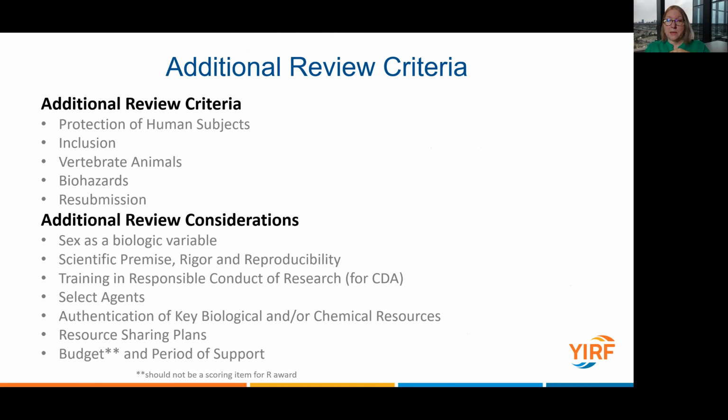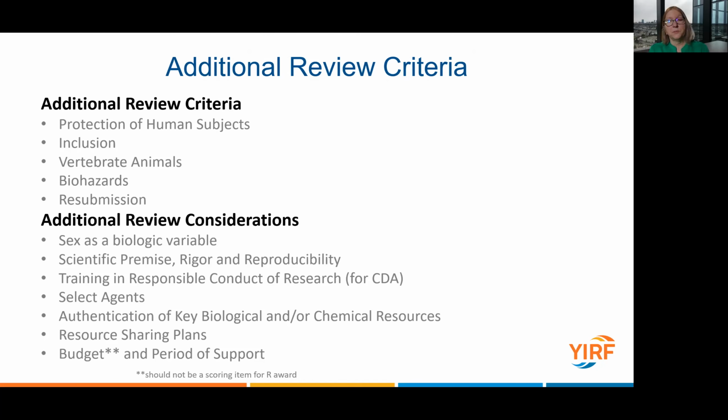There are other aspects that have recently become part of the review criterion that may not have a specific section, but you're going to want to address in your approach, such as sex as a biological variable, the scientific premise of the research, the preliminary data that informed the research plan, the rigor and reproducibility of your methods, particularly for career development awards, your plans for responsible conduct of research, research sharing plans, and even the budget.